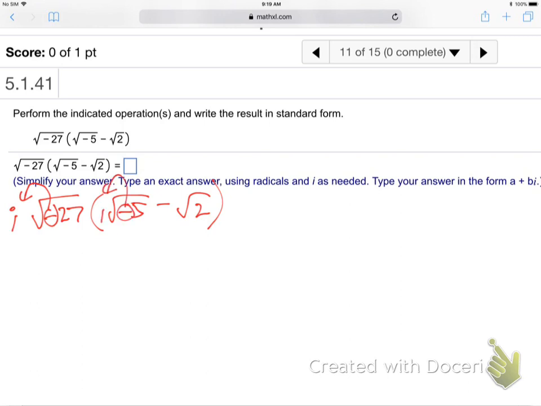This negative comes out as i. You got to simplify. The square root of 27 needs to be simplified, doesn't it? Break down that 27. You know what? 3 times 9, 3 times 3, right? Break down that root 27. Simplify that thing.